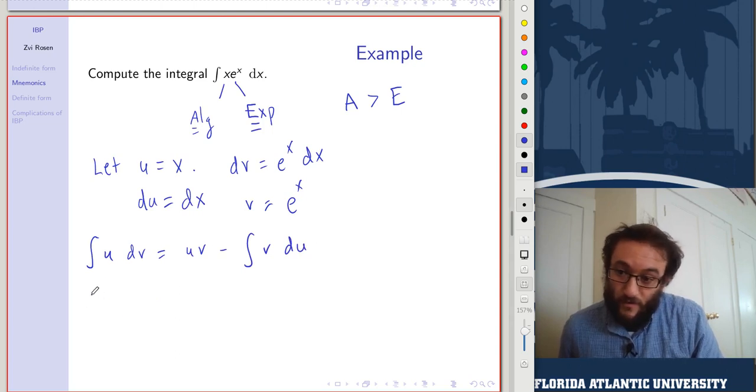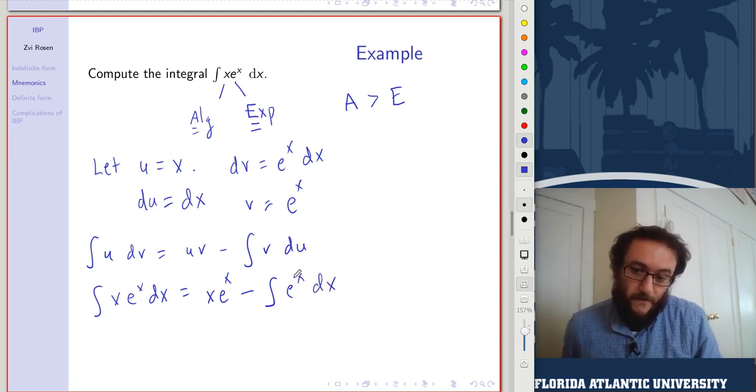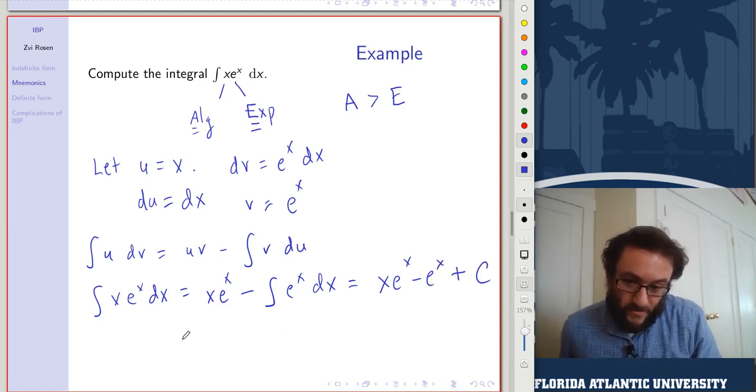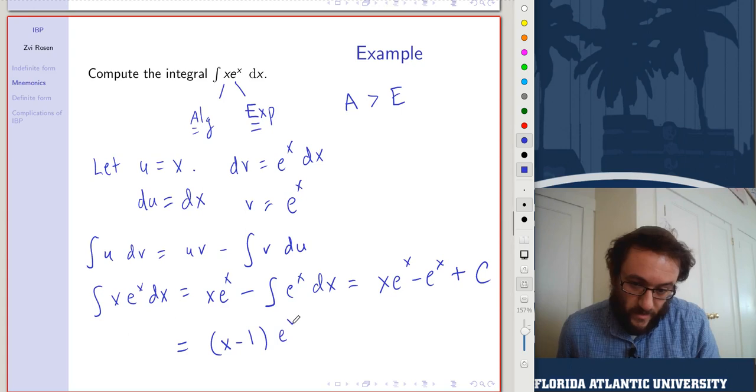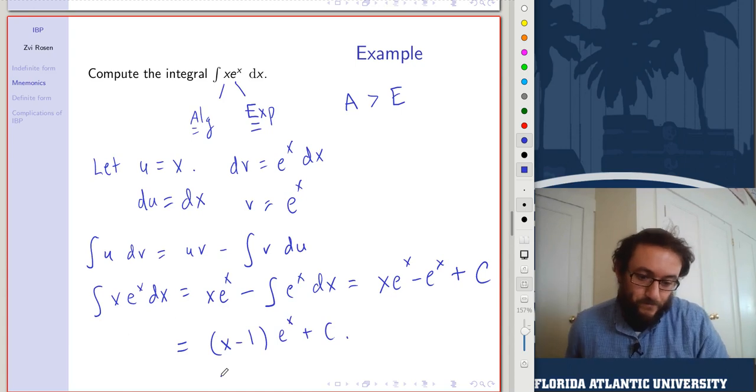Plugging in what we've found so far, the integral of x e to the x dx equals x e to the x minus the integral of e to the x dx. This integral is just e to the x again. So we get x e to the x minus e to the x plus C, with the constant of integration. It would be fine to stop here if you'd like, but we can also factor this a bit: (x minus 1) e to the x plus C. Pretty straightforward.